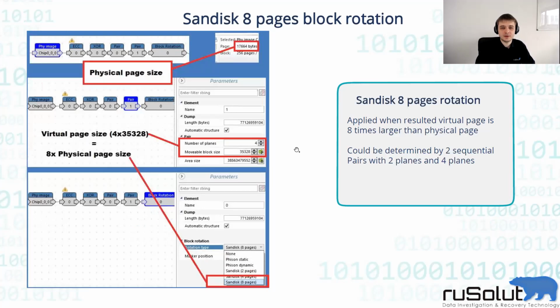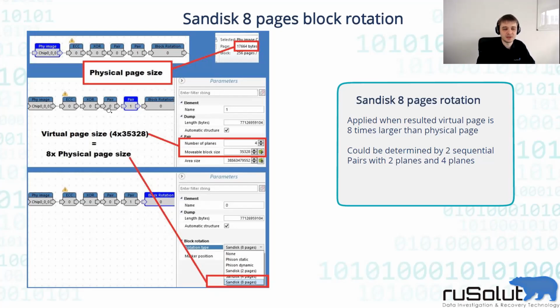And the final rotation type for Sandisk for the moment is 8 pages rotation. So for the beginning, we have 664 bytes for block size and have two pair elements.